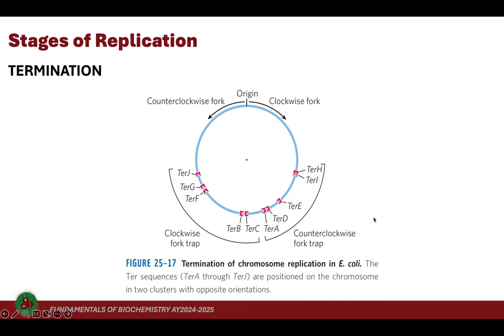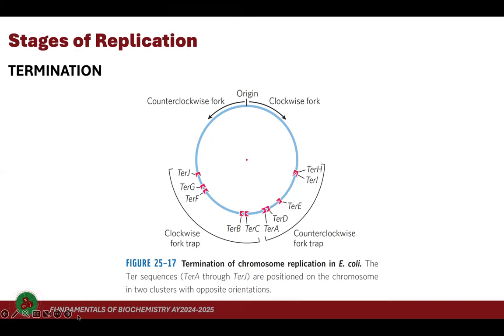The reason why you only need one replication fork to encounter a termination sequence for the whole process to stop is because if one replication fork encounters a termination sequence and the other goes on, it might do an overlap. So if one gets terminated, the other should also be terminated.